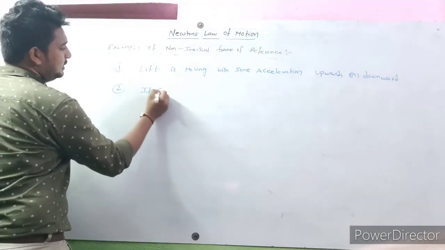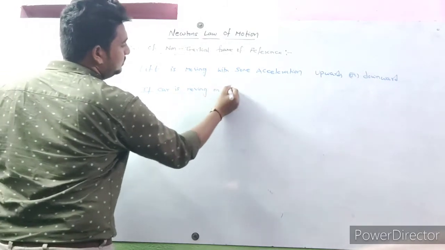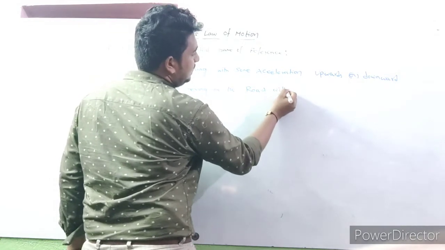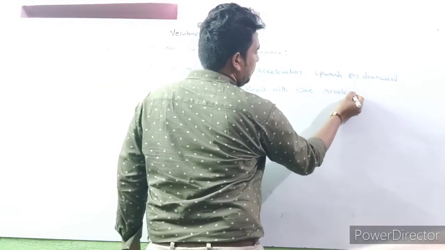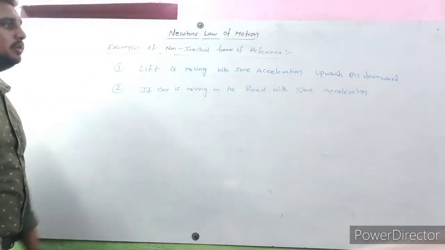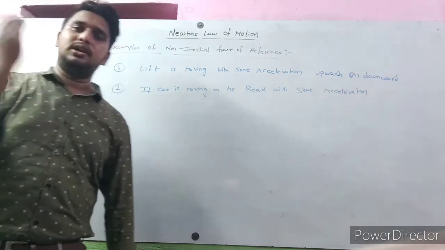If a car is moving on the road with some acceleration, that is also an example. A car is moving on the road with some acceleration, a lift is moving with some acceleration upward or downward.